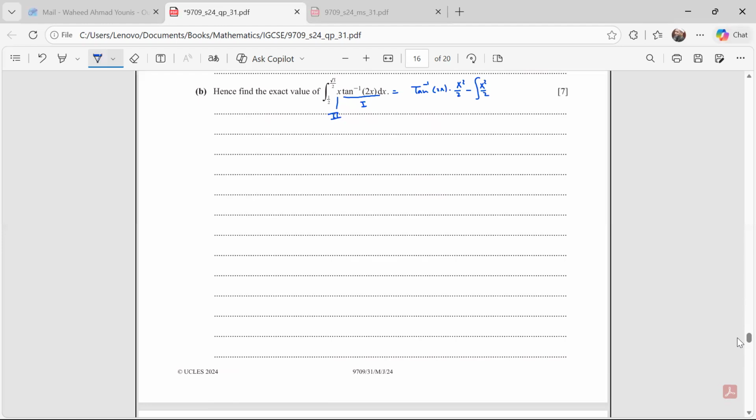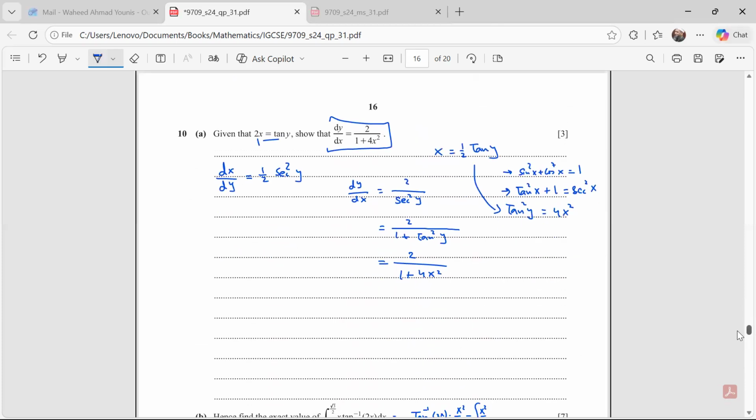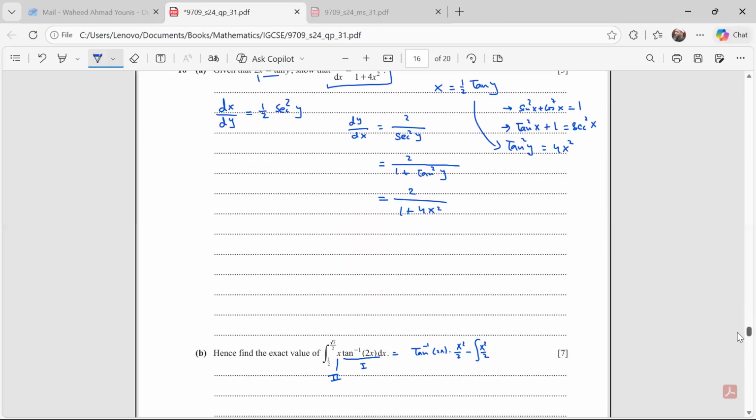Now how can you find the derivative of this one? What did we do over here?